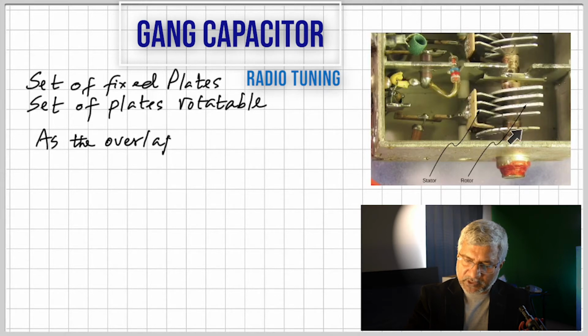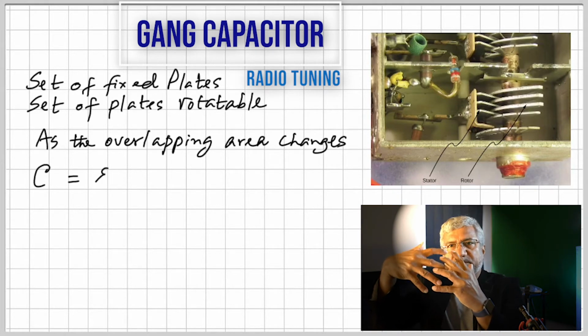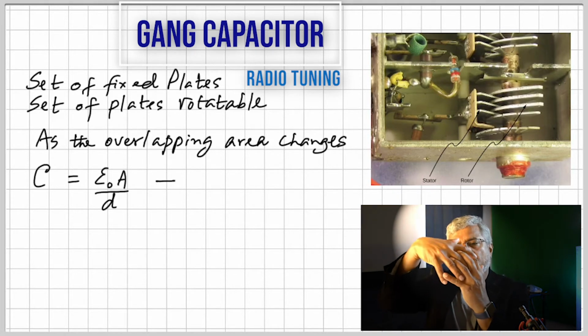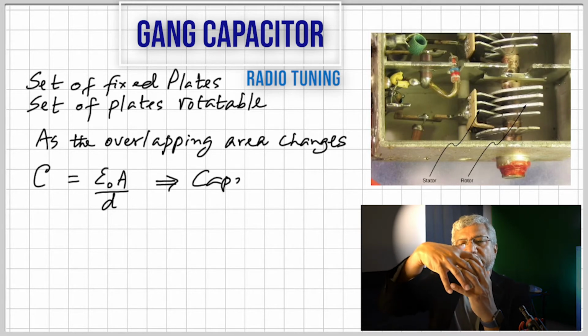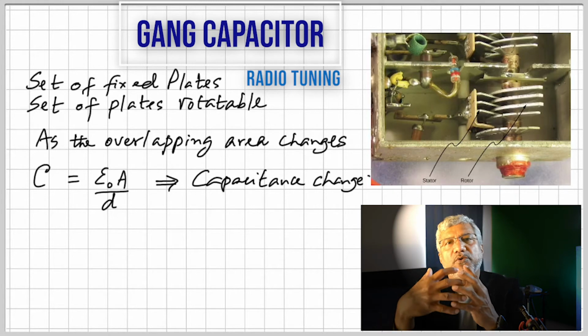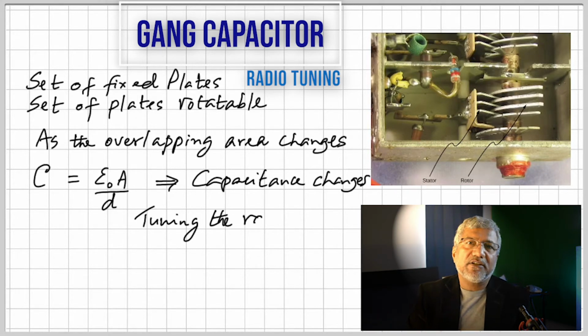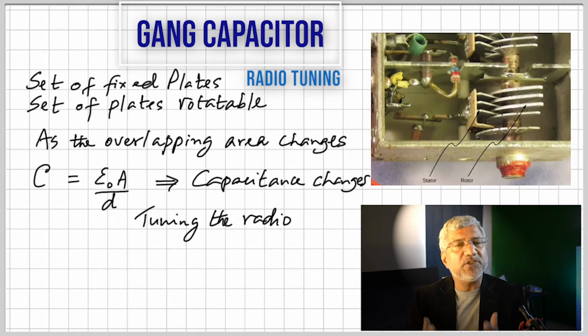Actually this one is the rotor, which can move in. And as you move them, the area that overlaps changes. As you move it more and more in, the overlapping area increases, and as you move it out, it decreases. When the area changes, we know that the capacitance changes. So this idea of a variable capacitor is used in tuning the radio.